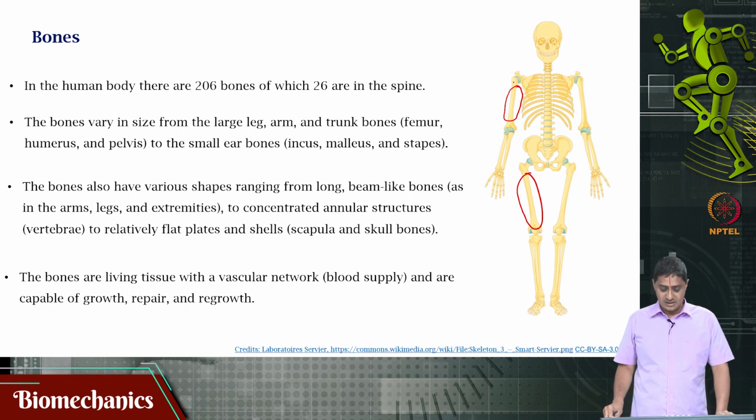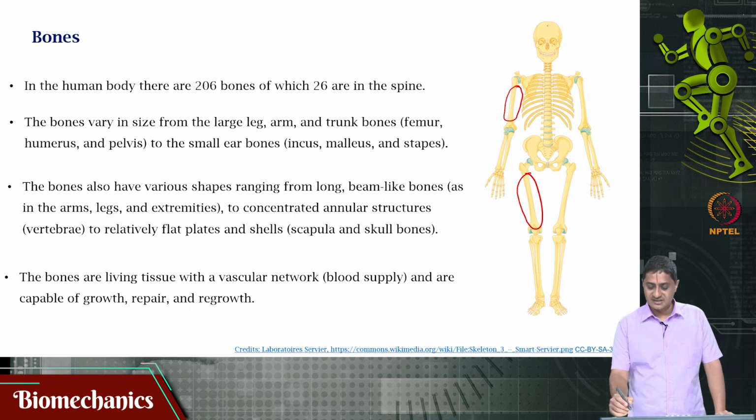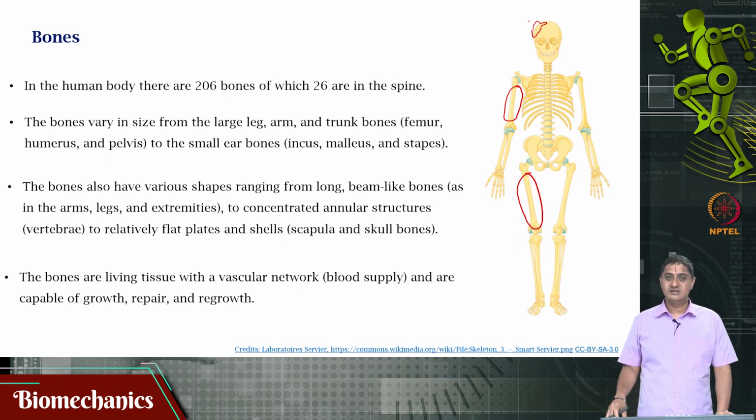So, these are annular structures such as the vertebra, and then relatively flat bones. For example, the scapula and bones in the skull are relatively flat and sutured together. It's a miracle how this could even happen, but it happens. These bones are not actually fused when a human is born.